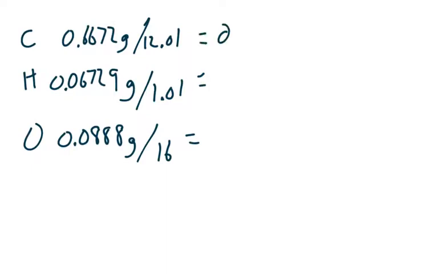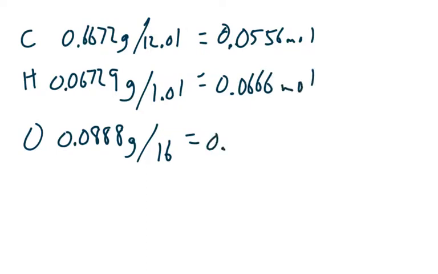So carbon is 0.0556. Hydrogen is 0.0666. And oxygen is 0.00555. So once you convert to moles, find out who's the lowest. It's the third number.